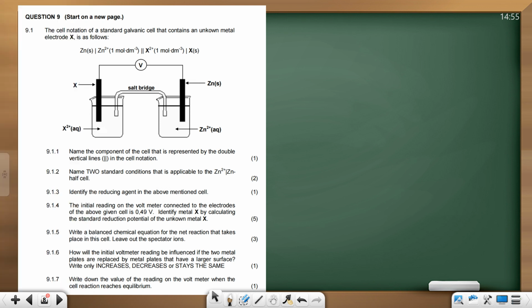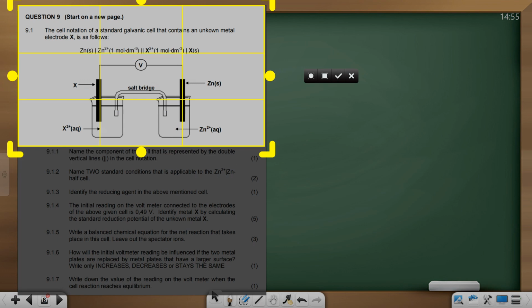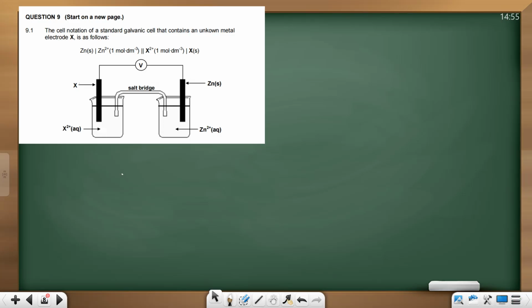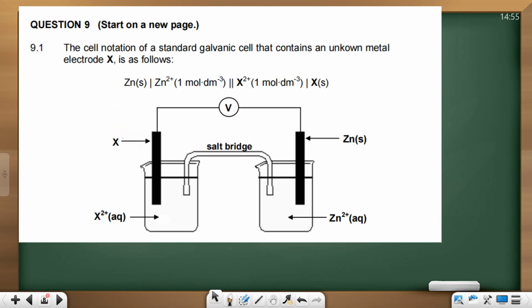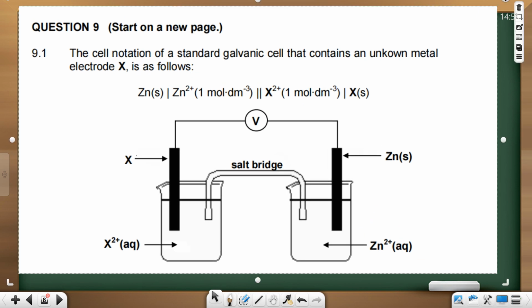No mark will be lost here. And just before we even look at the questions, I want us to explore the cell notation of a standard galvanic cell.